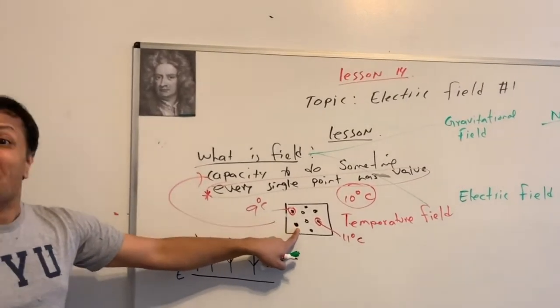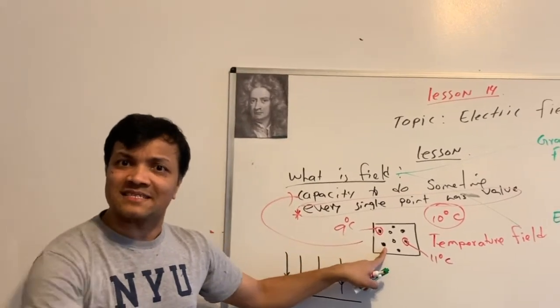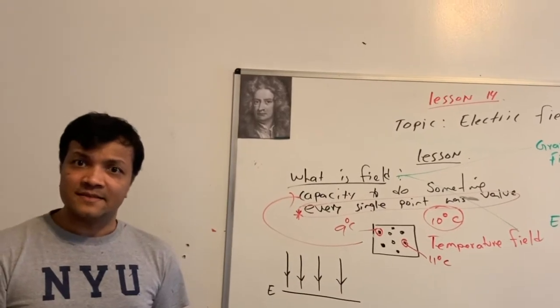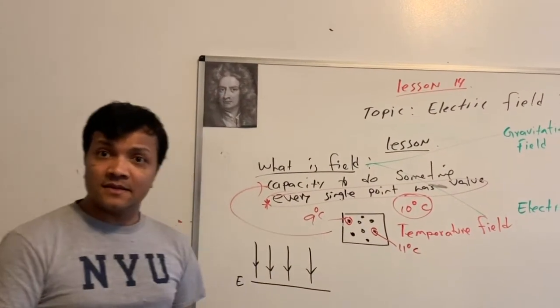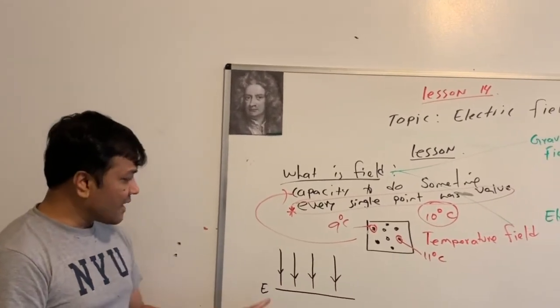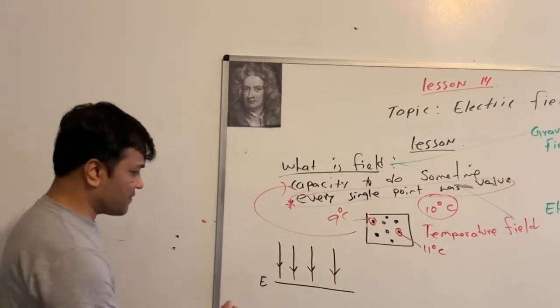How can you observe the capacity? All you need to do is bring some ice into the temperature field, then you will be able to observe the capacity of the temperature field. How can you observe the capacity of the gravitational field?